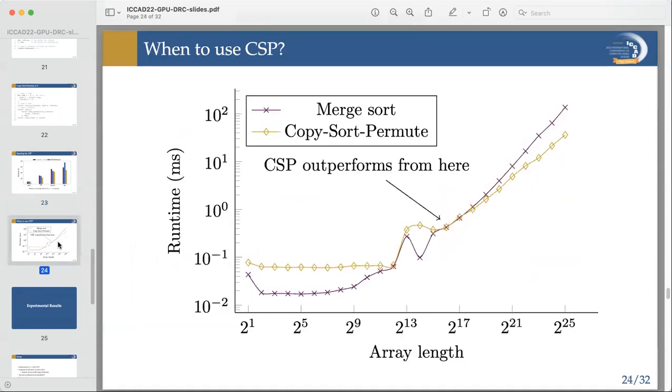And we also perform a synthetic experiment. So we can see that at an array length of around 10,000, the copy, sort, permute outperforms merge sort. So this confirms our intuition that we only have to use copy, sort, permute for large arrays.